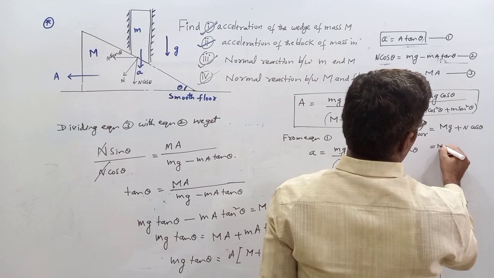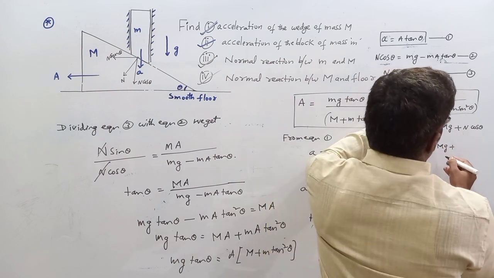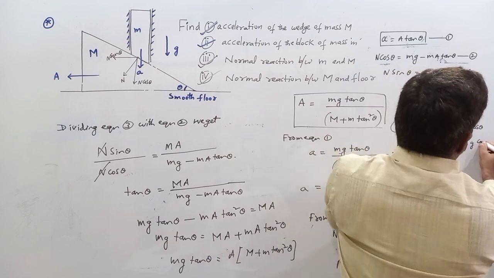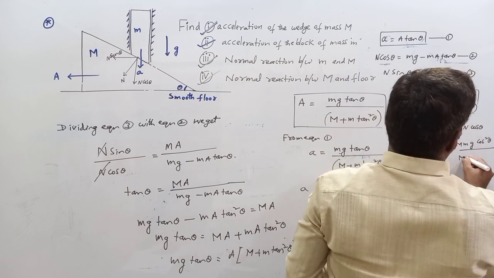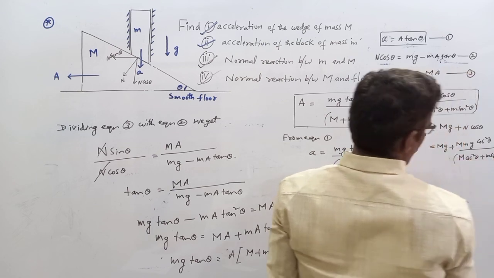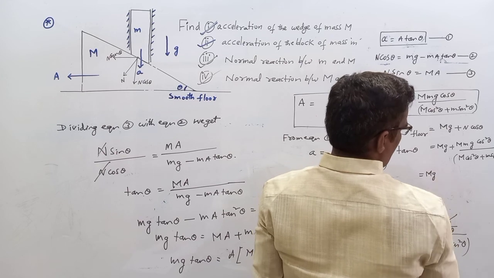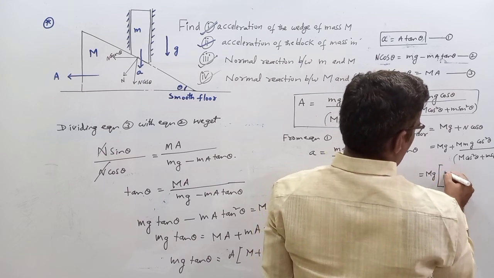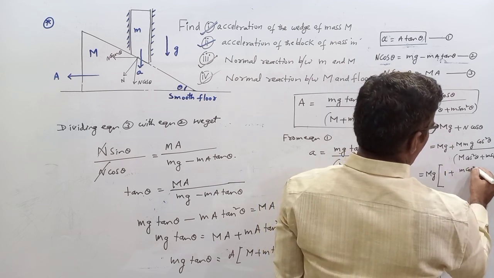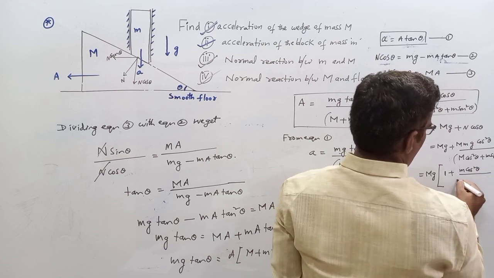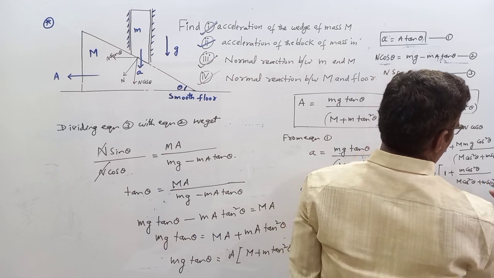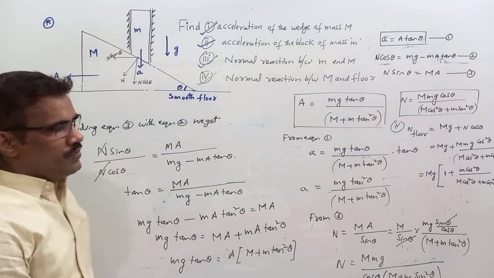So Mg plus N, substituting gives mg cos square theta divided by (M cos square theta plus m sin square theta). Capital Mg is common, the remaining is 1 plus m cos square theta divided by (M cos square theta plus small m sin square theta). This is the relation. Okay, all of you write it.